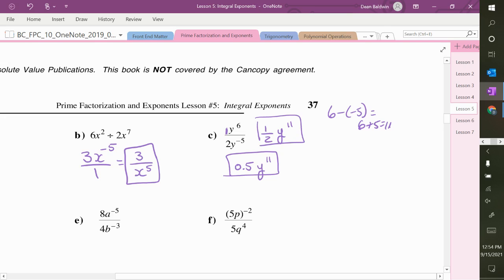And that's it. You're done. You could also write it as y to the 11 over 2. That's the same thing. So there are 3 different ways to write it. With the decimal, which I don't love, but I'll live with it. 1/2 y to the 11 or y to the 11 over 2. Those all mean the exact same thing.